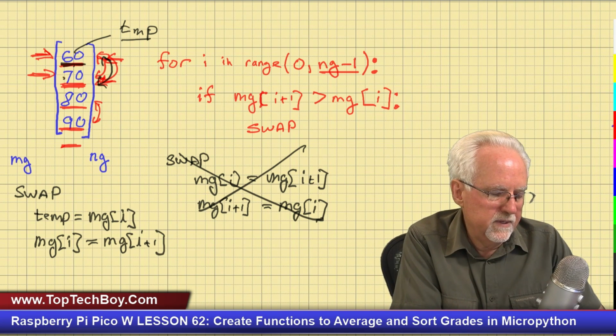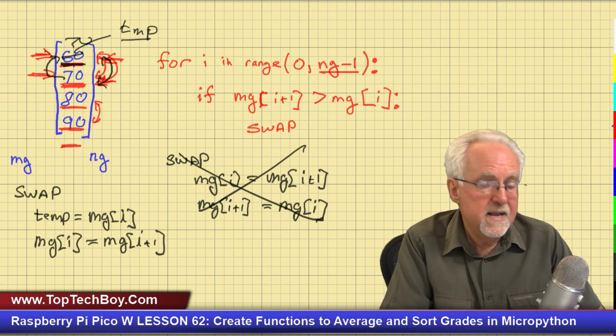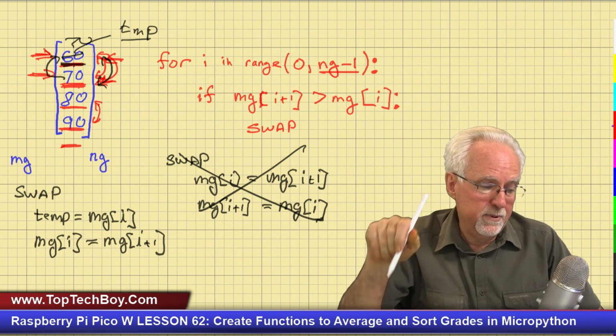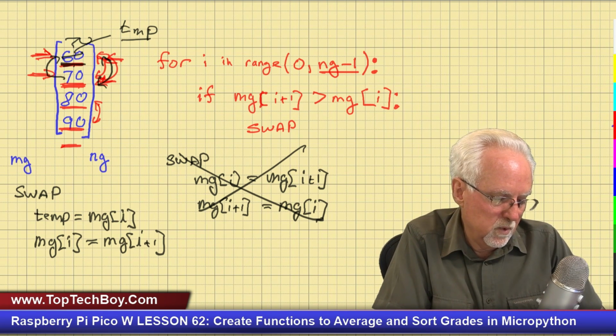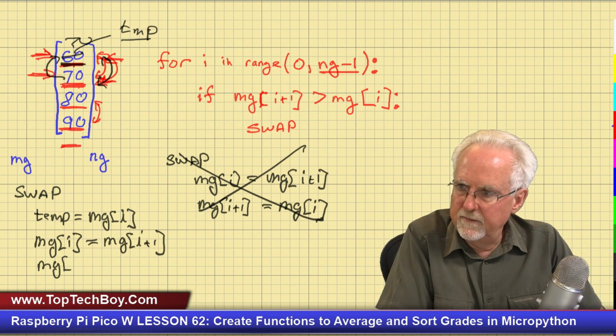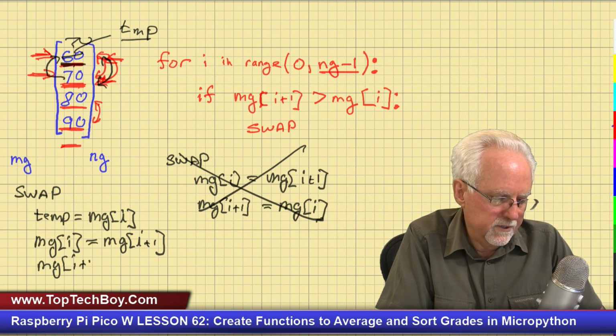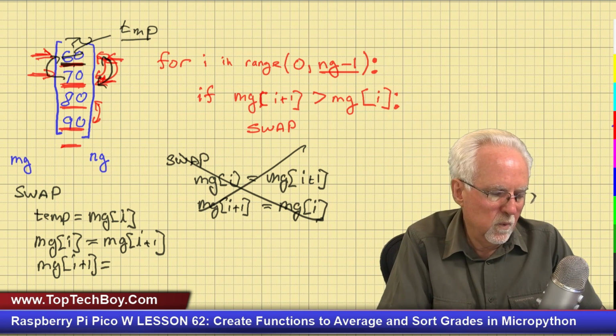And so then the 70 comes into the 60. I've got the 70 here. Now I've got to put the 60 into the IMG of I plus 1. So now IMG of I plus 1 is equal to what? We want that 60. Where did we put 60?